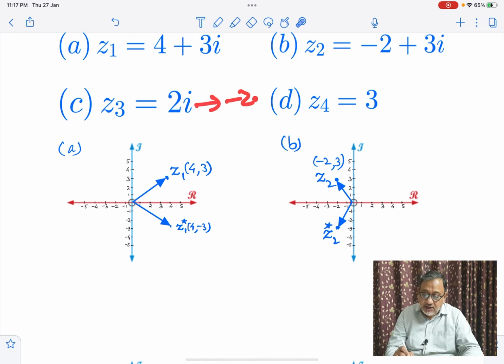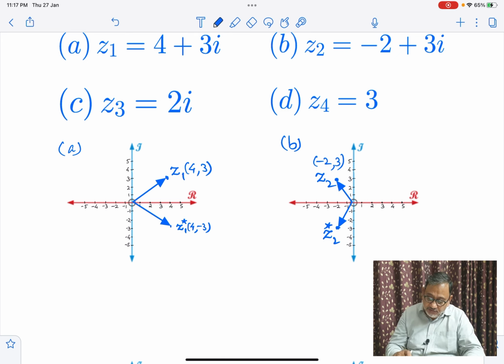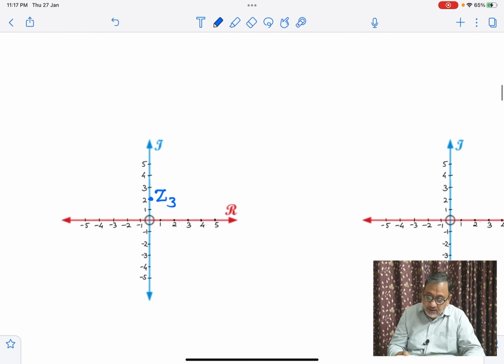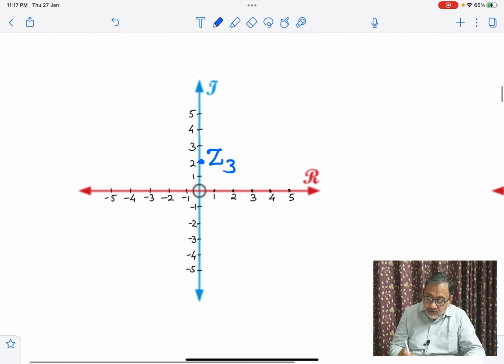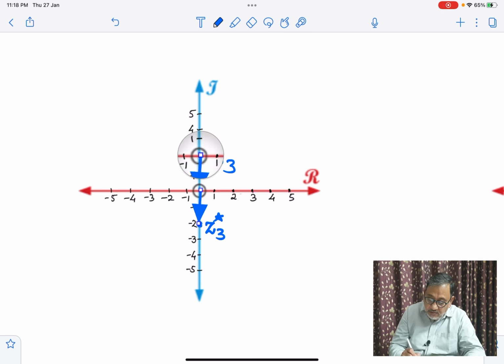Okay. And that will be the conjugate of it. So let me show you. Somewhere here, negative 2 is going to represent Z3 conjugate. Okay. So I hope you understood this. This will be this arrow, and there it will be this arrow. Yeah. Now this arrow will be like this.